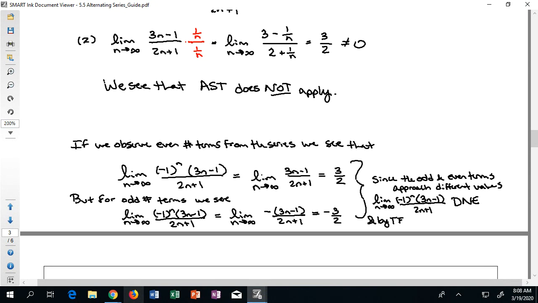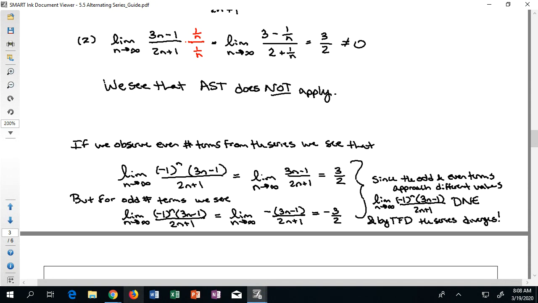And by, I'll abbreviate here, by test for divergence, the series diverges.